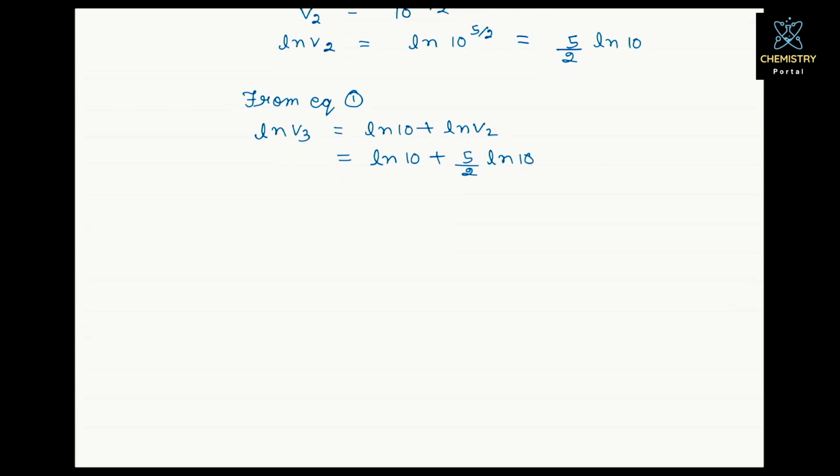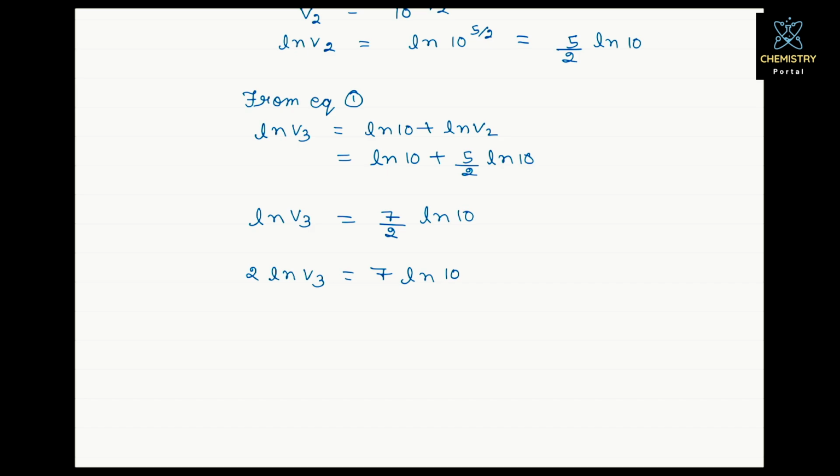If you add, it becomes 7 by 2 ln10. But in the question we have to find 2 log V3, so first make 2 ln V3, which is equal to 7 ln10.